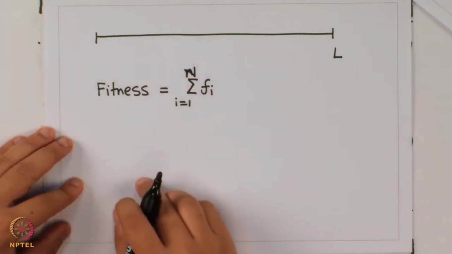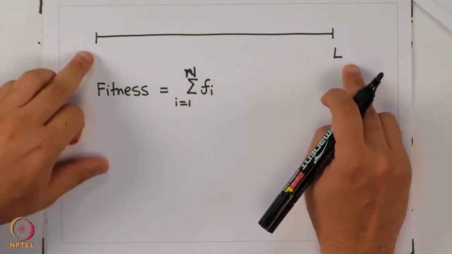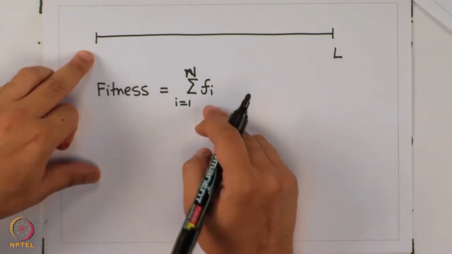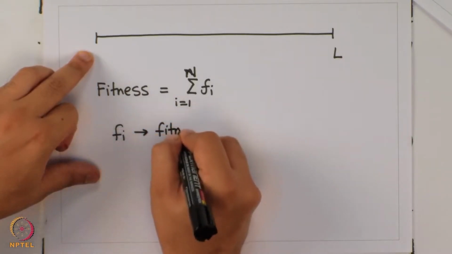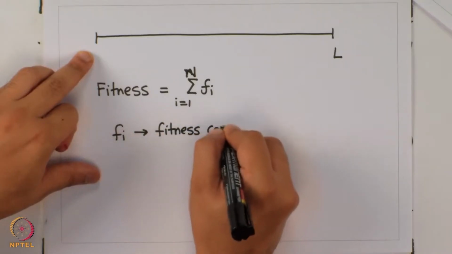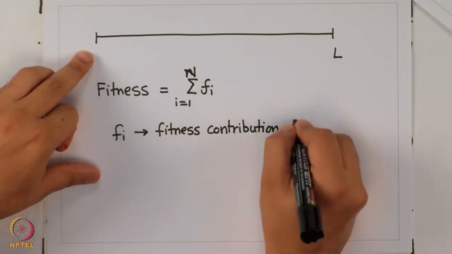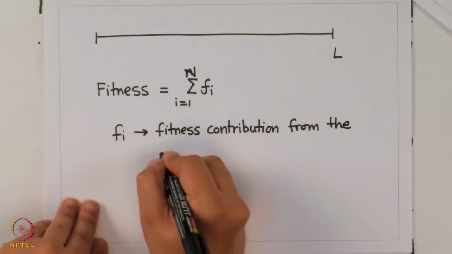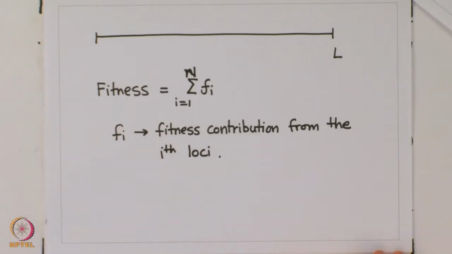What the NK model will say is that the fitness associated with the entire DNA polymer of length L is just equal to the summation of Fi, where Fi is the fitness contribution from the ith locus. Okay. So you could visualize this a certain number of ways.